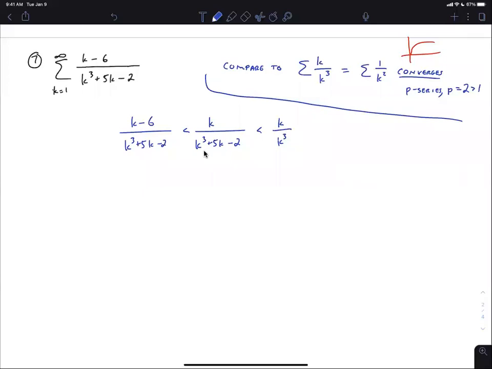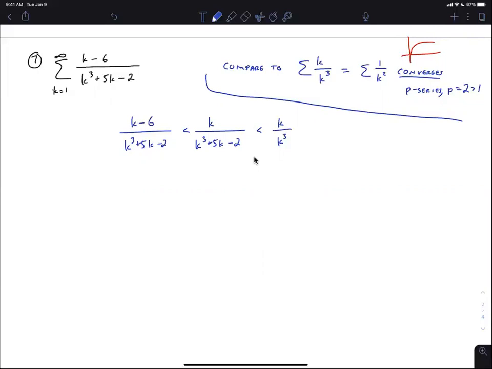Does that make sense? The -2 doesn't matter because 5k is bigger than -2. And even if this was like -200,000, for large k, this would be true because 5k will eventually be larger than the -200,000. Does that make sense?